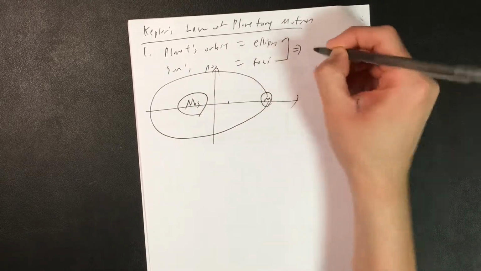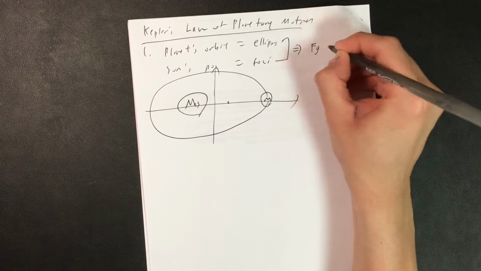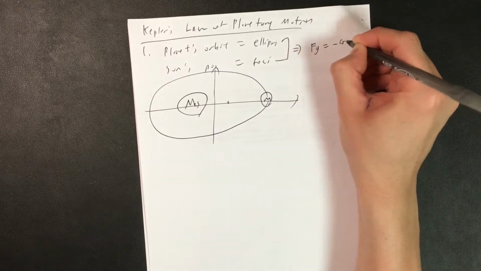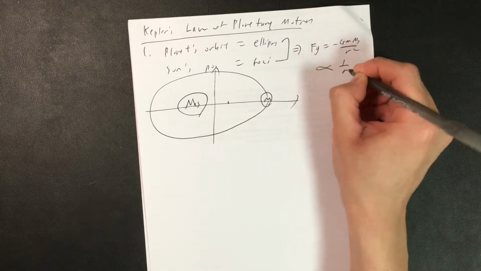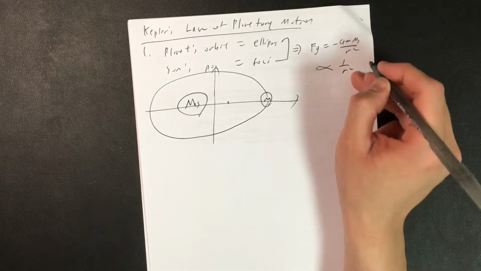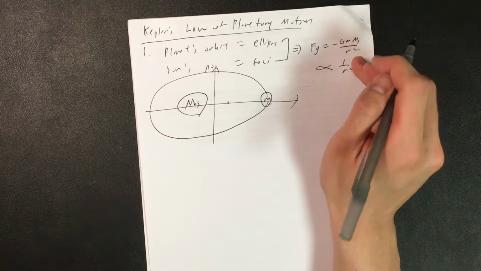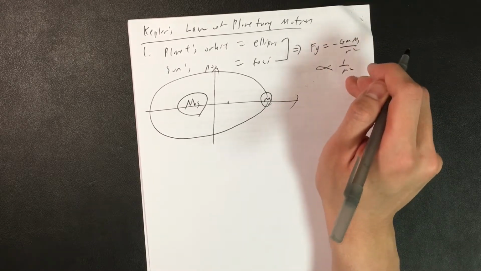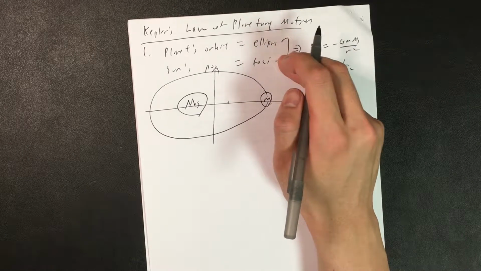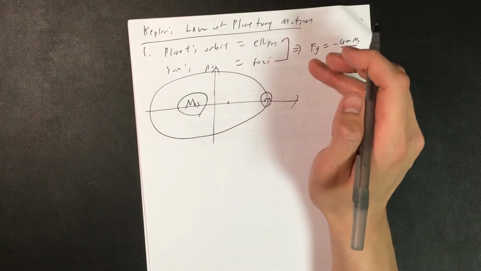Now, this is mathematically true because the force of gravity, which equals negative G Ms m over r squared, is inversely proportional to r squared. But if the force of gravity had a different law that was not inversely proportional to r squared, then Kepler's first law of planetary motion would not hold true.